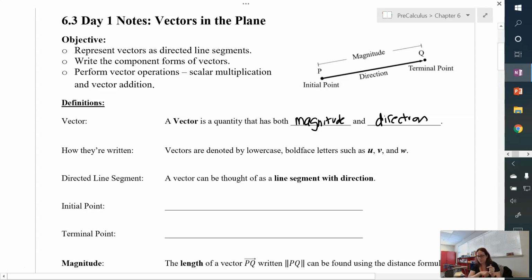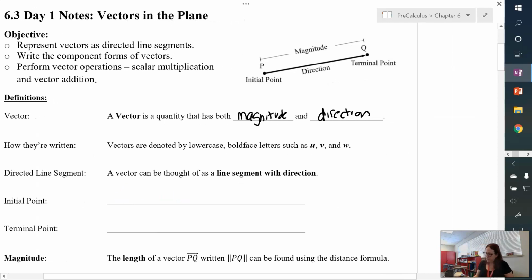That's your direction. And the way we write a vector is with lowercase boldface letters such as bold u, v, and w. If you're writing it by hand, you would do u with an arrow on top, v with an arrow, and w with an arrow.